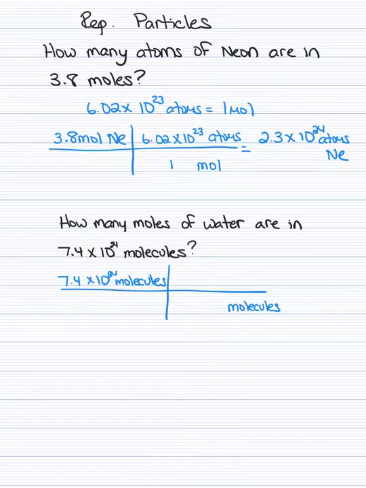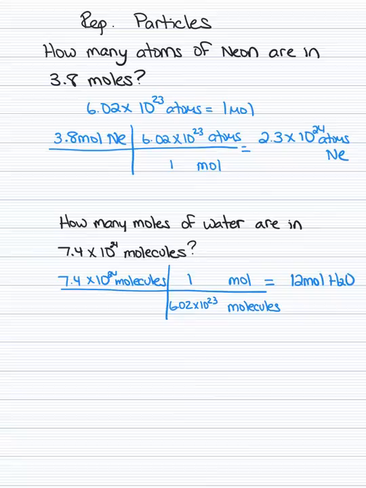Molecules to moles, and there are 6.02 times 10 to the 23rd molecules in 1 mole. And when you do that out, you will get 12 moles of water.